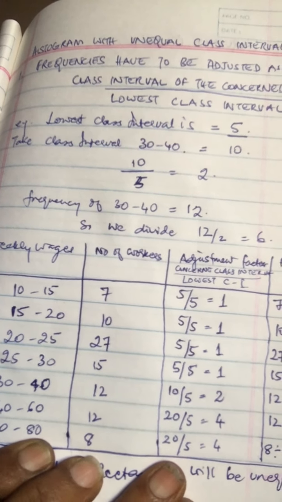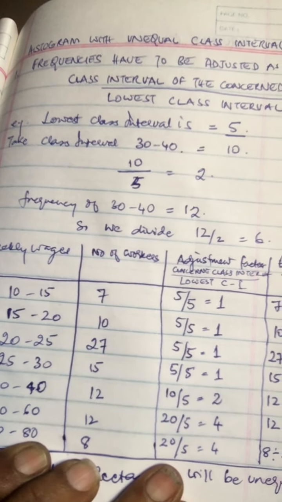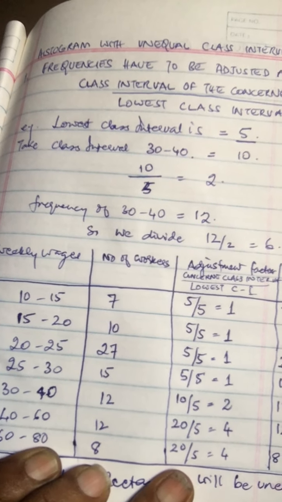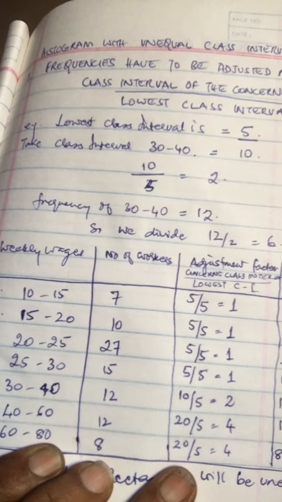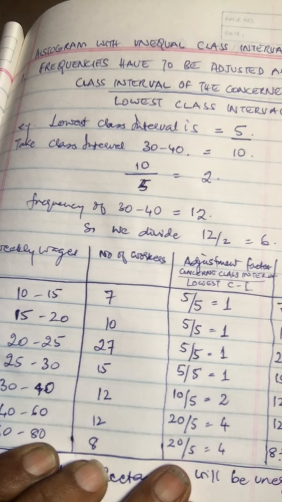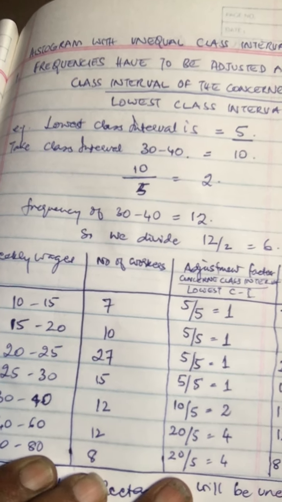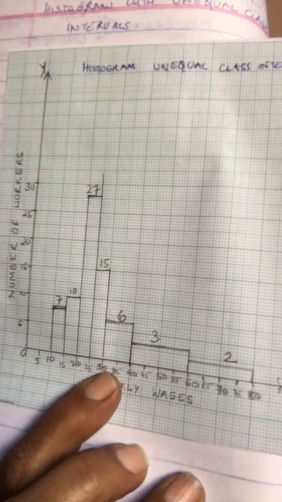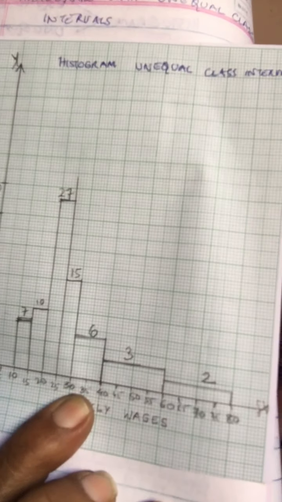That is, 12 divided by 2 is 6. So for 30 to 40, you will not draw a rectangle of 12. You will divide it into 2 parts, 6 and 6. Look at this. We had made 12, we make 6 and 6.